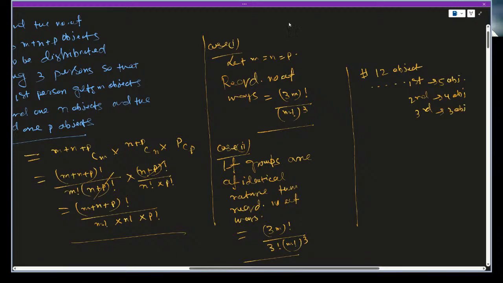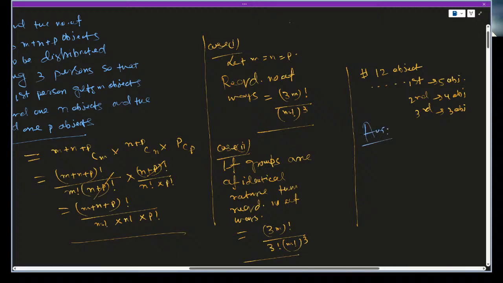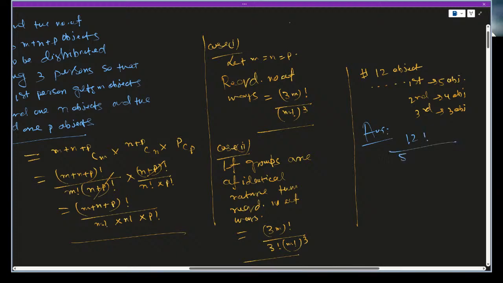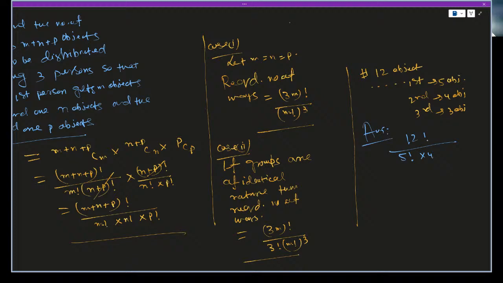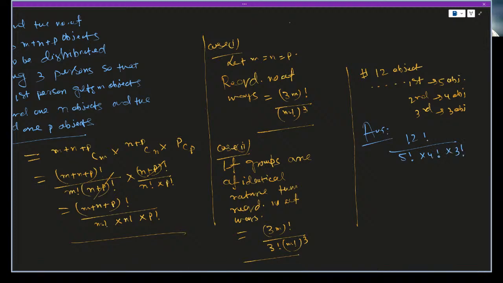Then what will be the answer here? The answer is going to be 12 factorial divided by 5 factorial 4 factorial 3 factorial. We have just done it there.